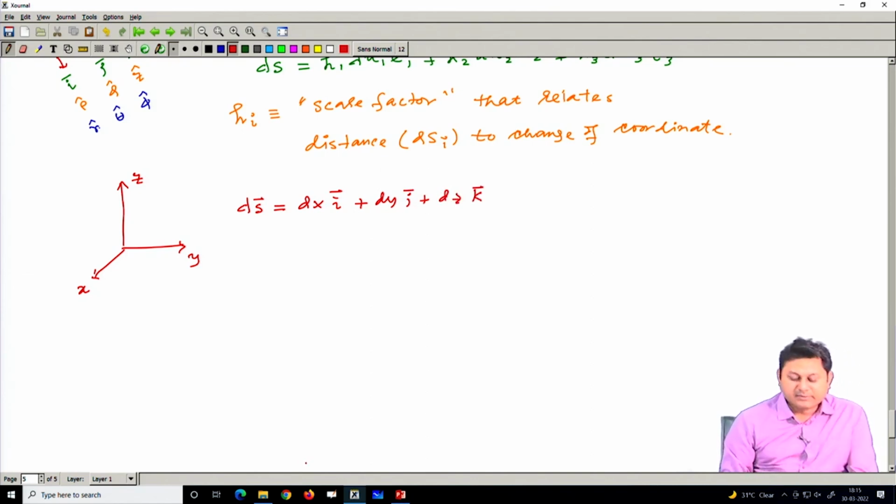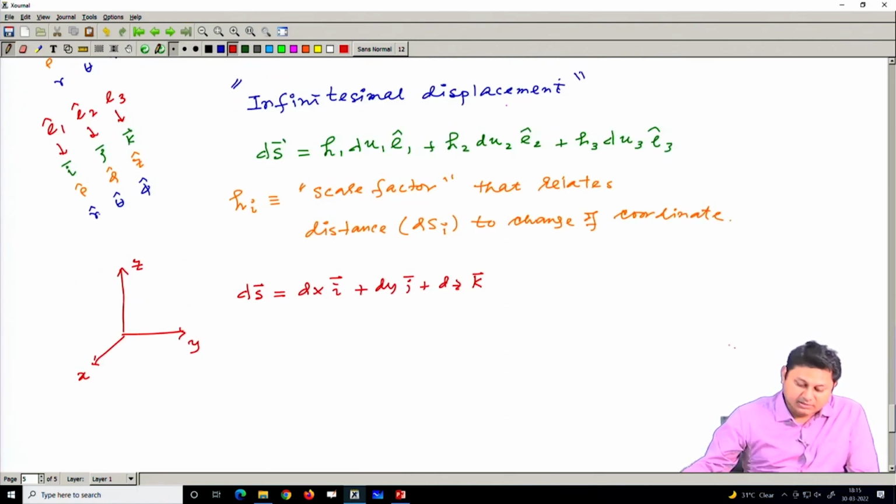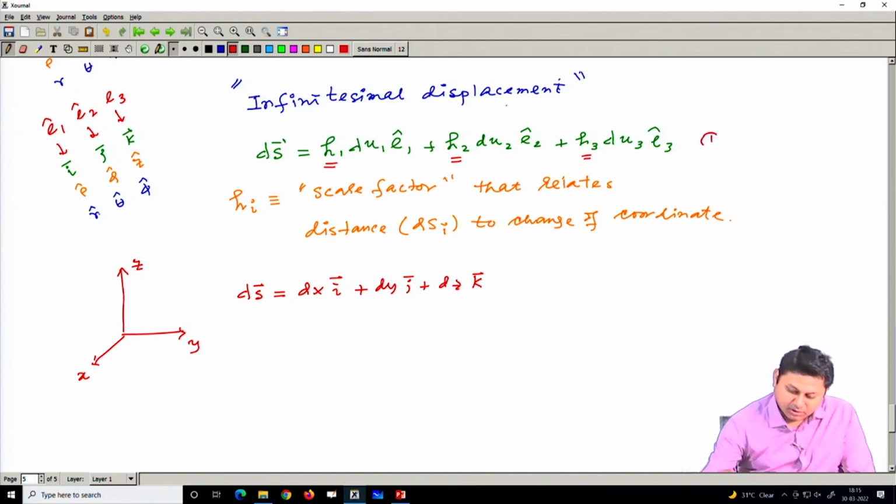But if I want to find the distance in the cylindrical coordinate system, it is not that simple. That is why the scale factor is here. If I compare this general distance vector with the simplest case for the Cartesian coordinate system, say this is my equation 1 and this is my equation 2, equation 1 is a generalized version of equation 2.